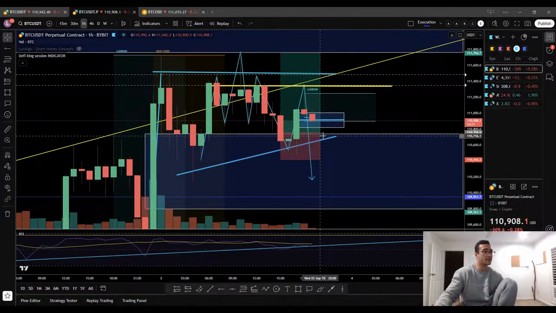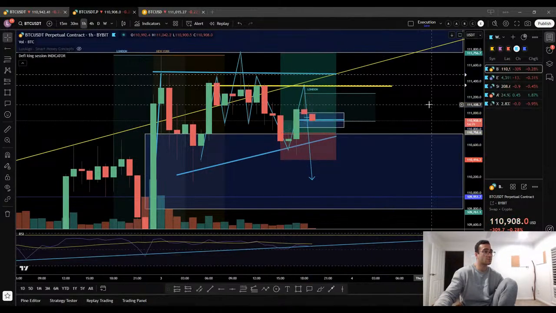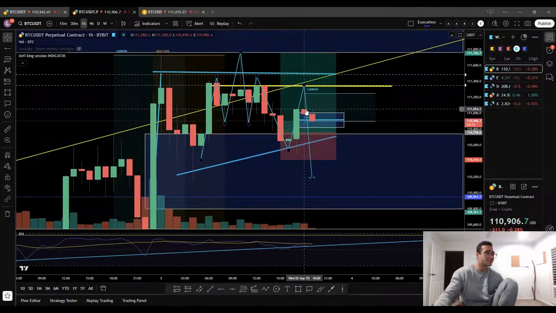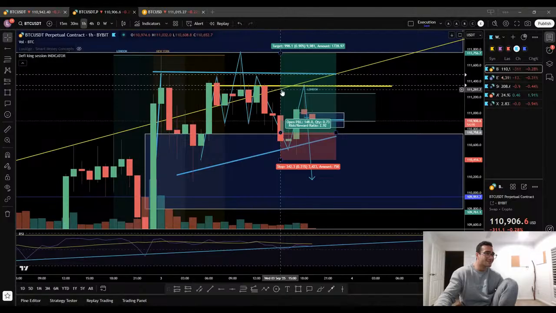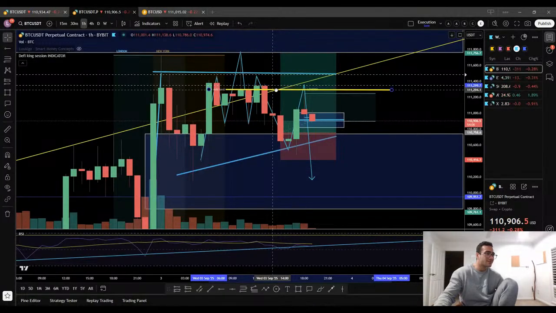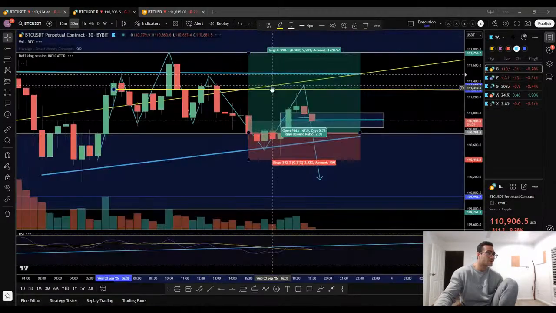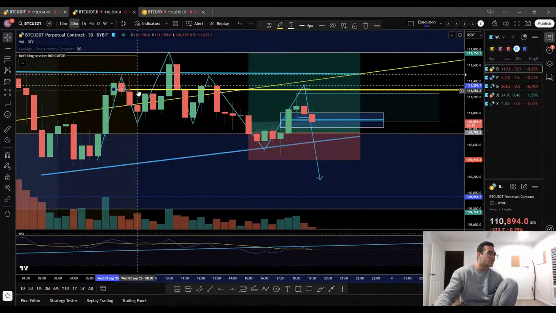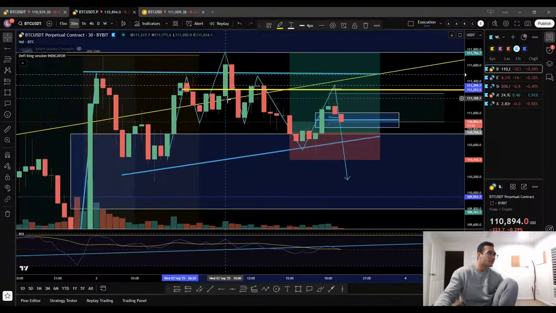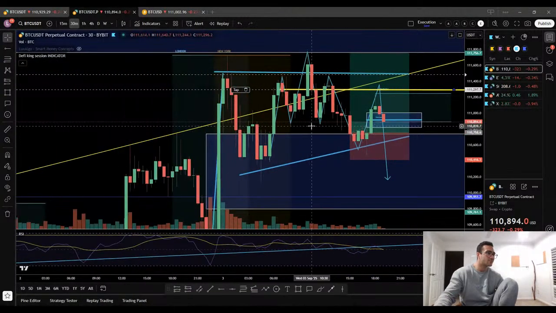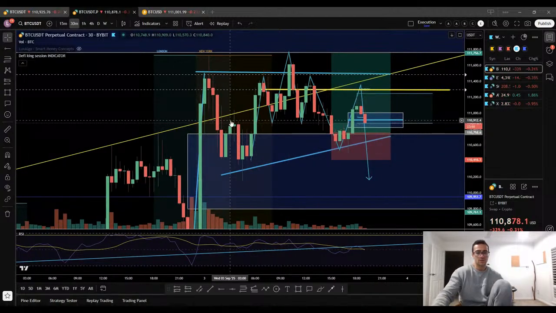So is this the neckline? I wouldn't say so. The neckline's up here. So let's bring this neckline down to here, even on the 30-minute. We're just refining this neckline.